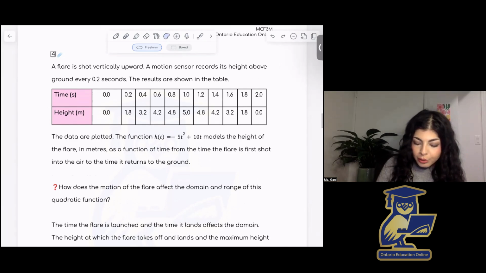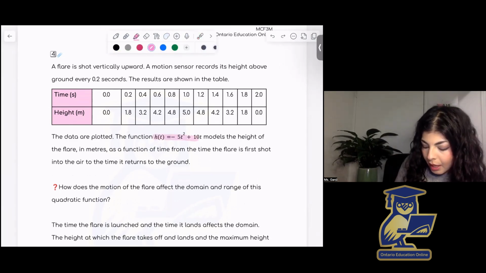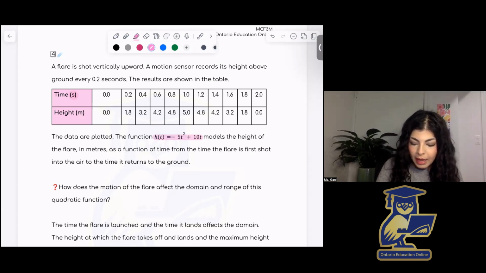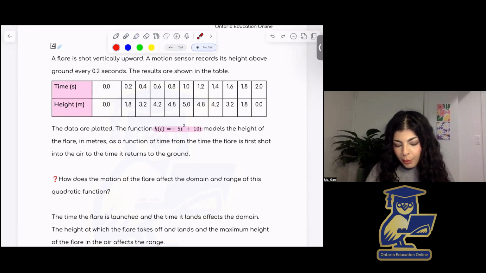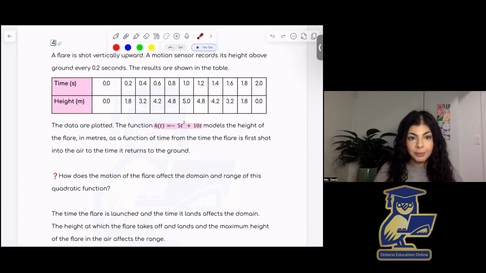We are also told the function here is h of t equals -5t squared plus 10t. The height is in meters and our time is in seconds. We could have figured that from the table of values as well. That's always a little cheat sheet for our units if it's already provided for you. Now we're asked, how does the motion of the flare affect the domain and range of the quadratic function?